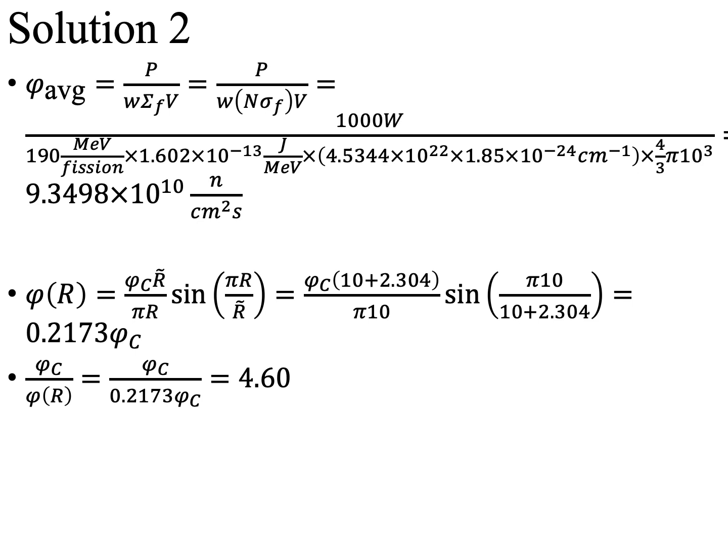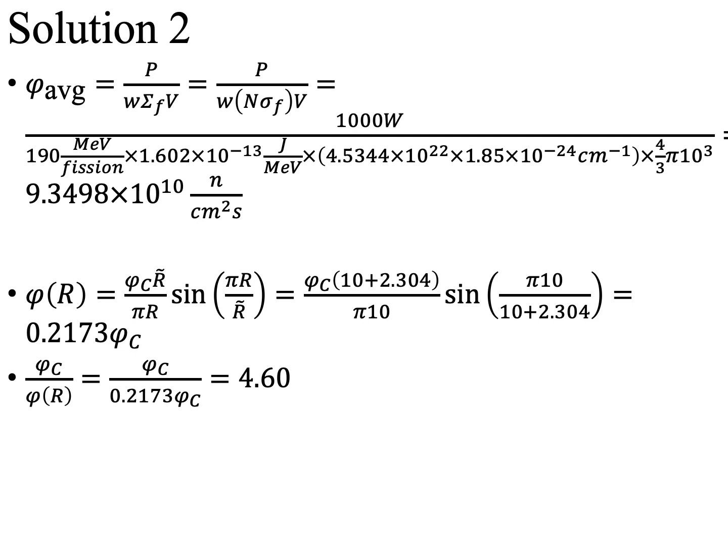For this formula, I already substituted the lowercase r by the capital R. So if you set the lowercase r to be the capital R, that will give you the neutron flux at the boundary, because at the boundary the radius will be 10 centimeter.